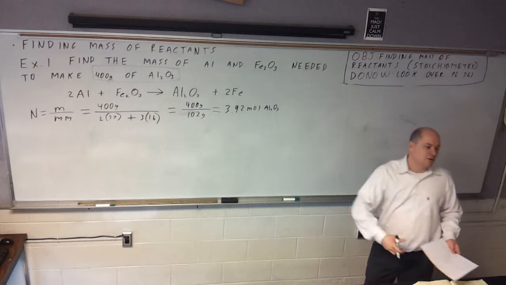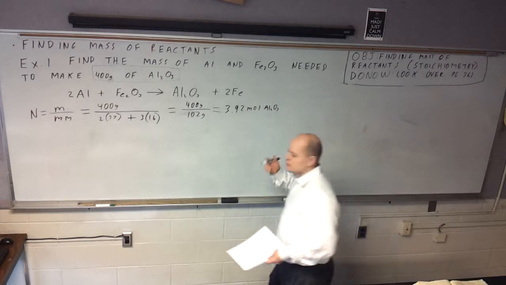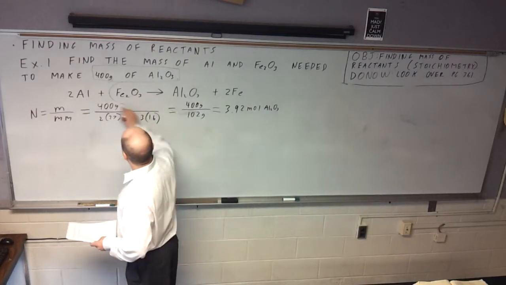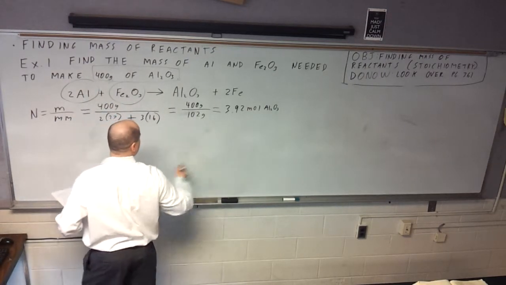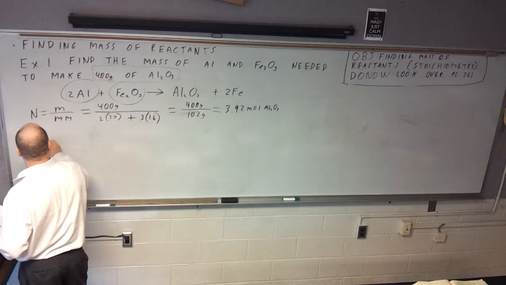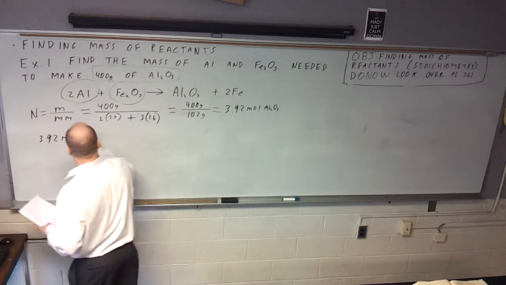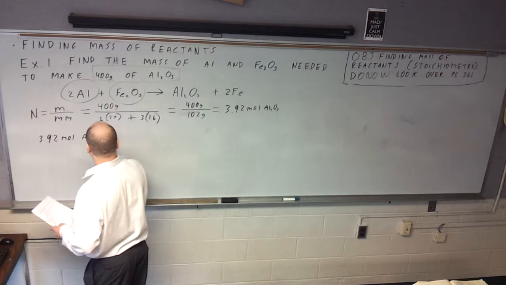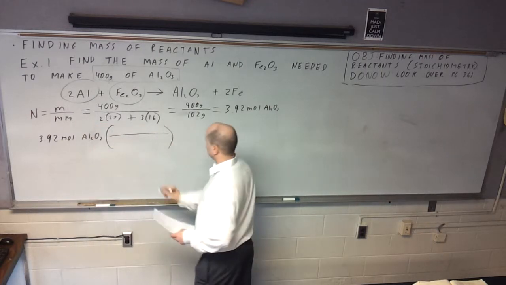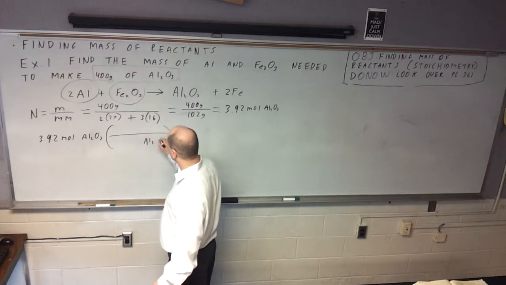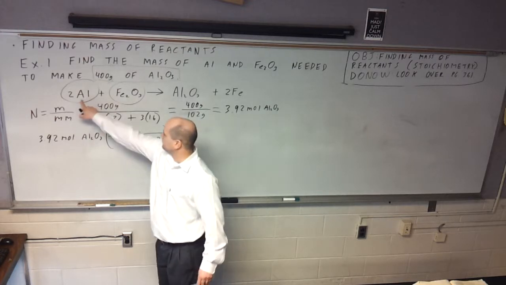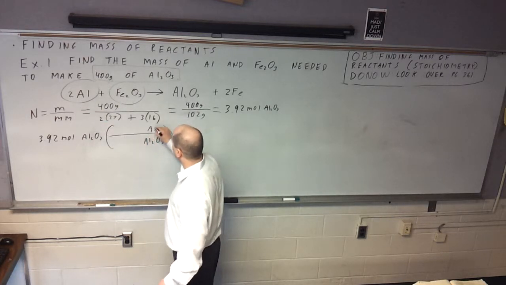So now we're going to do exactly what we did yesterday. We're going to find number of moles of iron oxide and number of moles of aluminum. So we'll just do each one separately. 3.92 moles Al2O3. Whatever's out here goes in the bottom, Al2O3. And we'll do aluminum first, so that'll go on top.